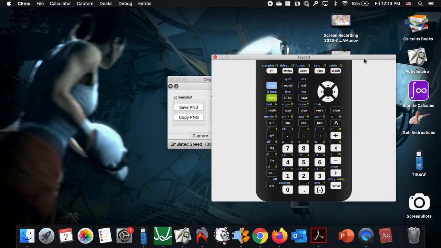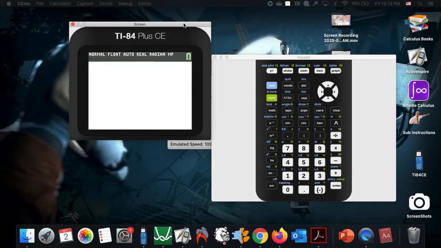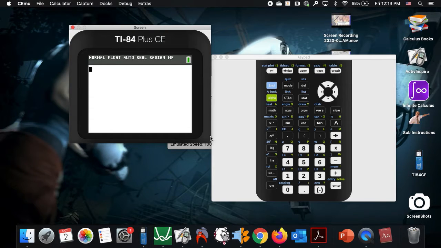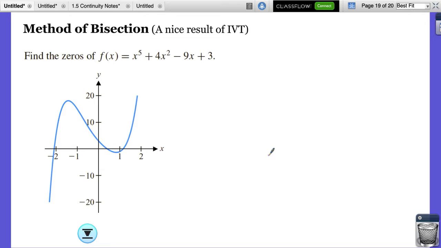Let me pull up my calculator over here. There's half of it. There's the other half. If I wanted to find the zeros of x to the fifth plus 4x squared minus 9x plus 3, what the calculator actually does is use a method called Brent's method. I've never done Brent's method. I just looked it up.